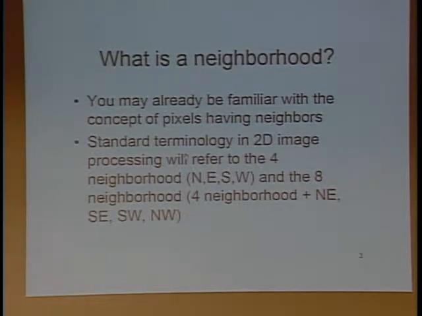In 2D case, you can think of four connected region as the neighbor of a pixel. That's the horizontally and vertically adjacent 4 pixels, or the 8 connected regions, which contains that 4 connected region and the 4 diagonally adjacent pixels.